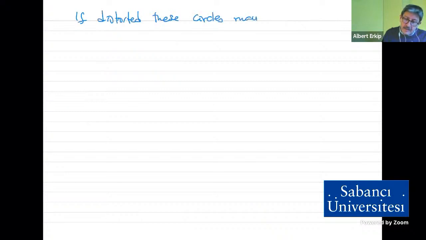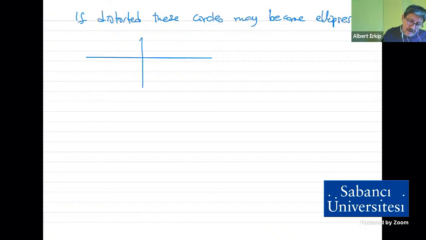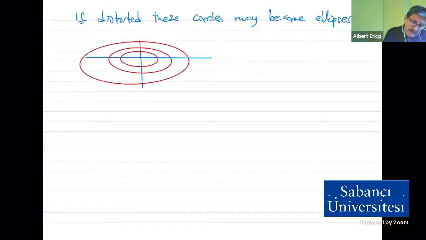Now, if distorted, these circles may become ellipses. So how would they be? It would be ellipses, but they're all kind of more or less the same. So that would have an ellipse, another ellipse, another ellipse.